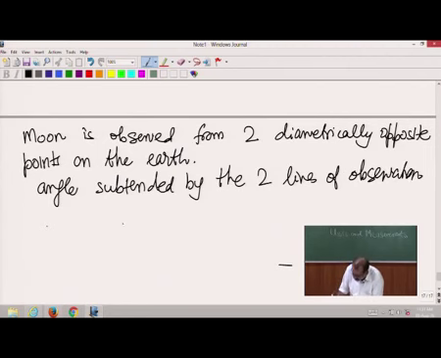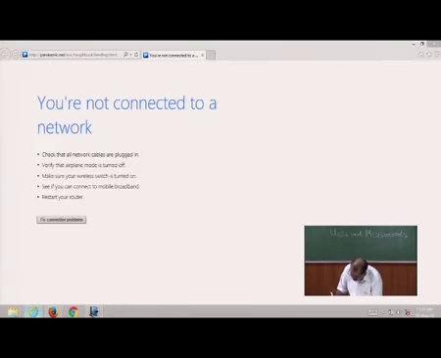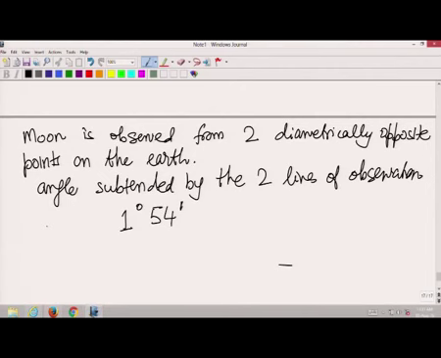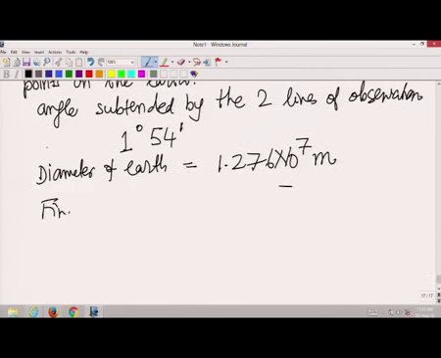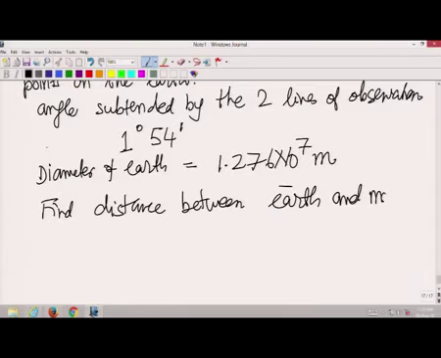This angle is given as 1 degree 54 minutes, and what is also given to us is that the diameter of the earth is equal to 1.276 into 10 to the power of 7 meters, and what you are supposed to find is the distance between earth and moon.